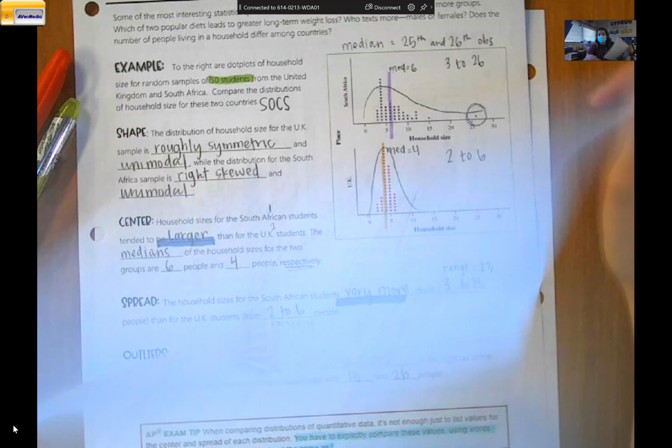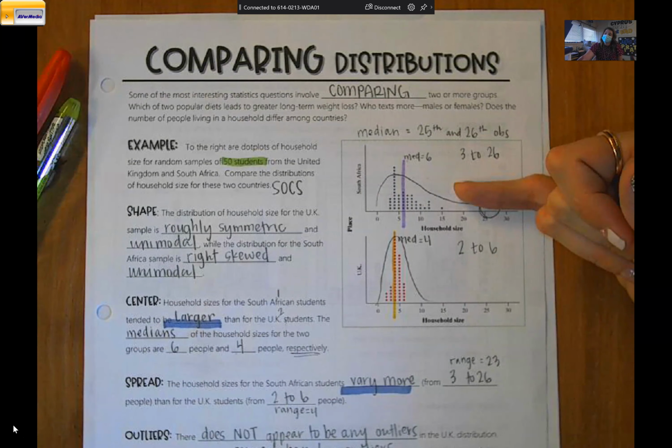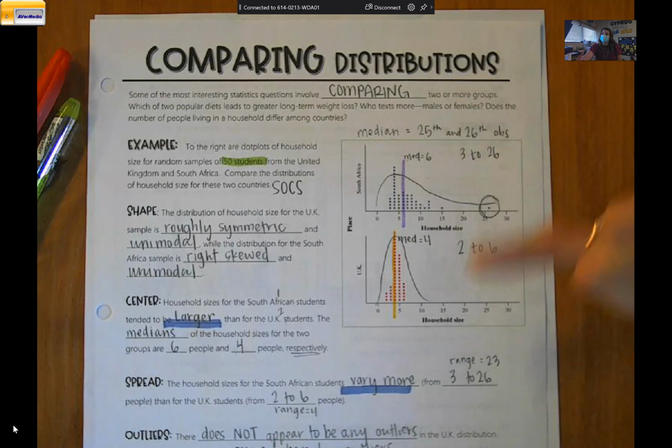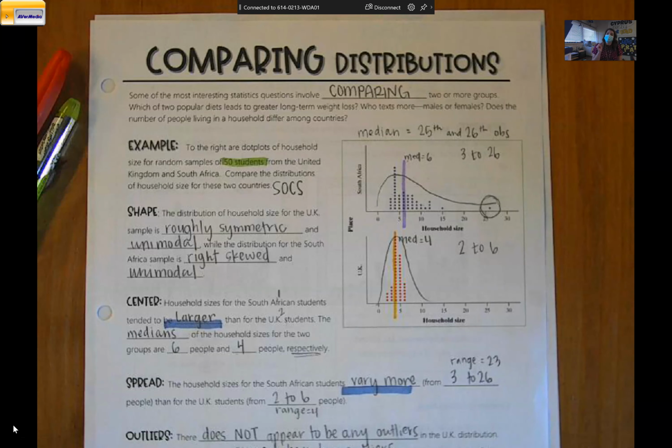So this is from the same set of data. This is 2 different sets of data. This is 50 observations from South Africa and 50 observations from the UK. So you can compare distributions from the same data, or you can compare distributions from different data sets.